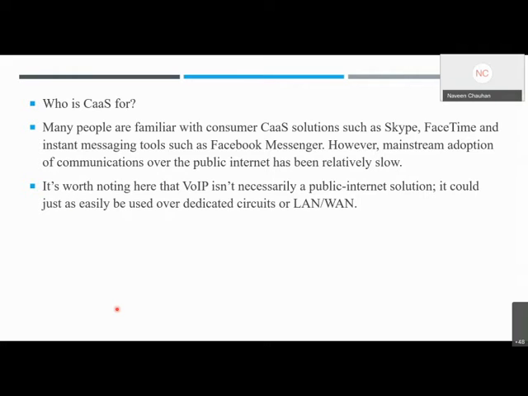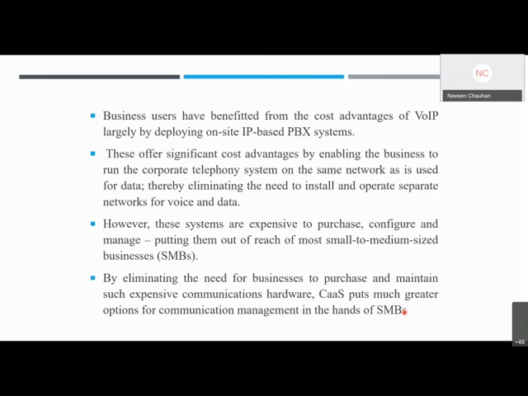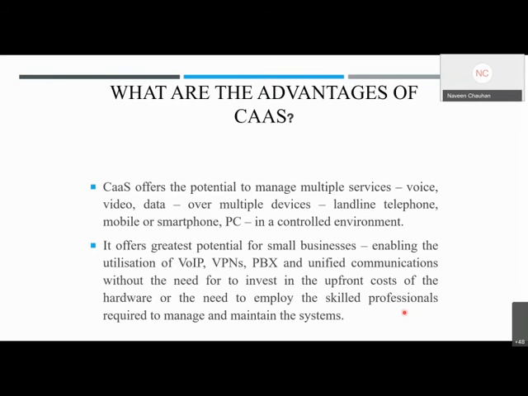It's worth noting here that VoIP isn't necessarily a public internet solution. It could just as easily be used over dedicated circuits like a LAN or WAN. So this is about communication as a service.